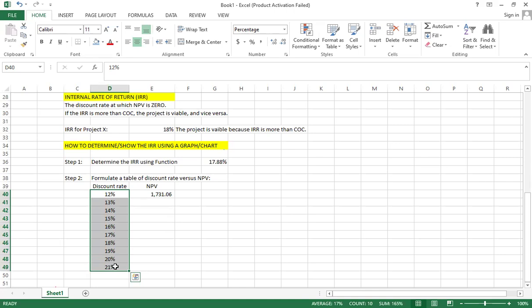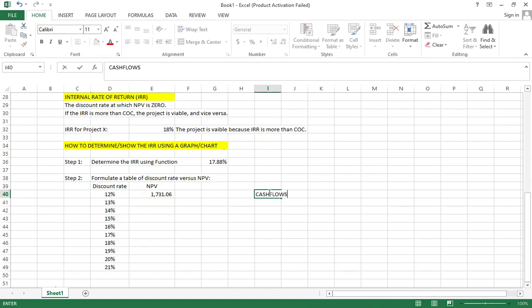So the rate will change, but the cash flows are the same for the project. Now, for us to be able to drag this formula, the cash flows, which are the same, we consider them constants.